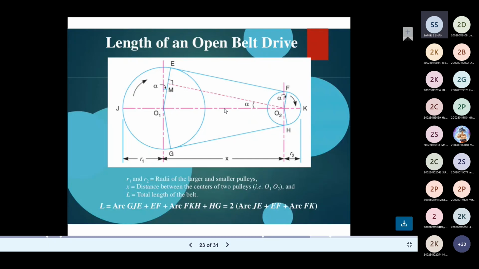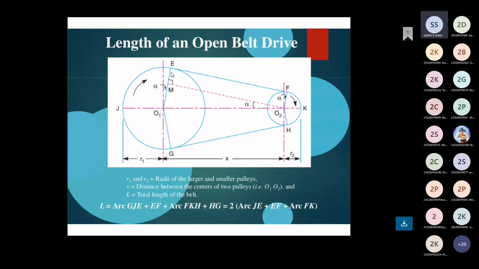As we know, O1O2 is equal to X, so X square, and O1M is nothing but O1E minus EM. Now O1E is R2, and EM is equal to R1.